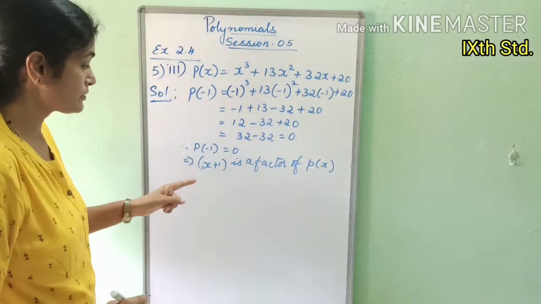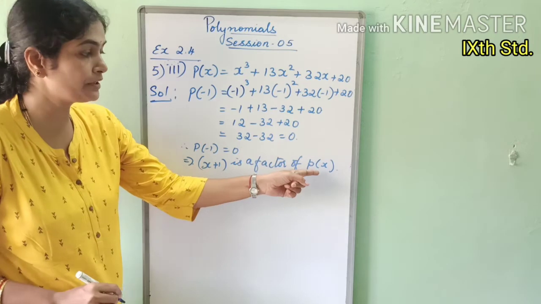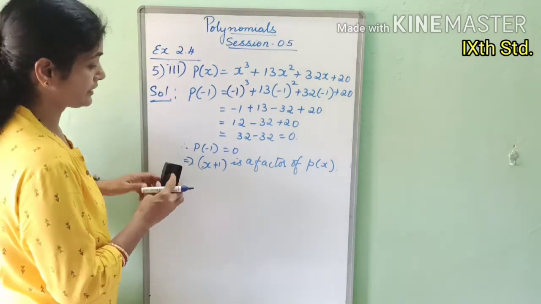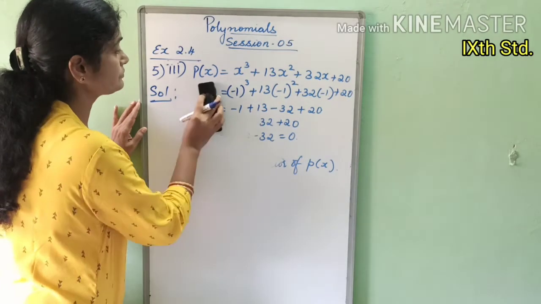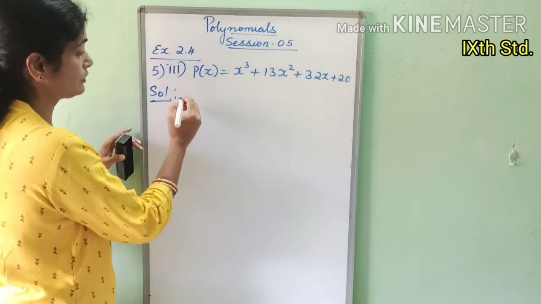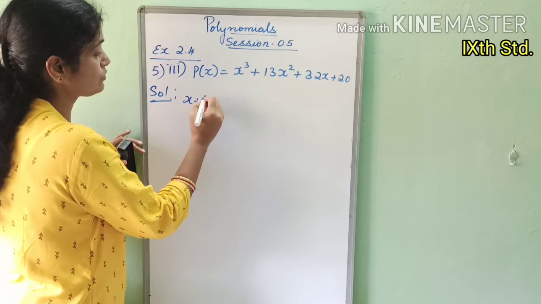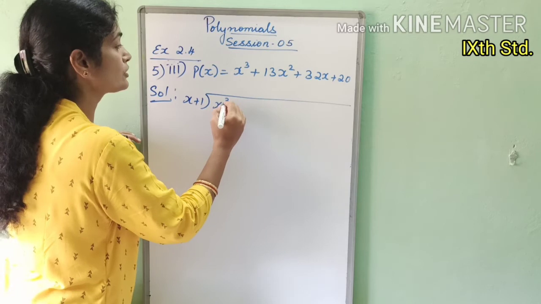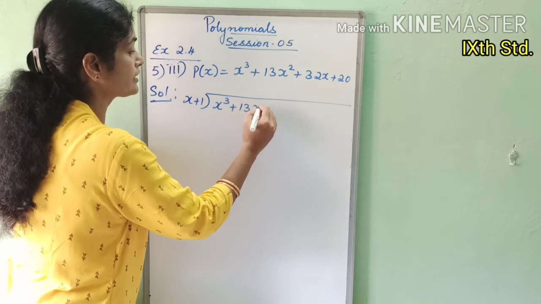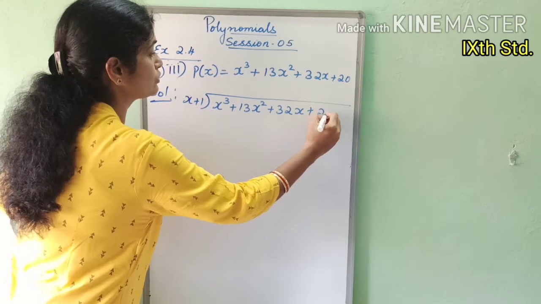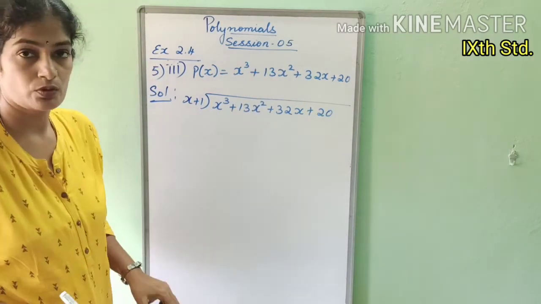So what is the next step? We are going to divide p of x by x plus 1. Let's divide that. So x plus 1 will be dividing this x cube plus 13x square plus 32x plus 20, okay.